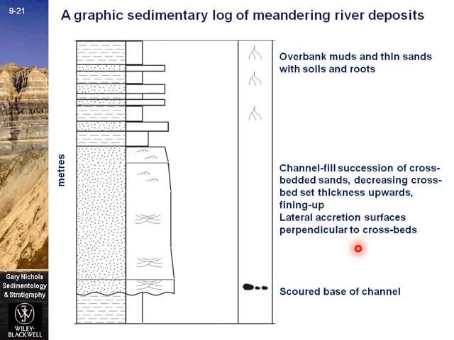And you also see lateral accretion surfaces with crossbeds. On top are overbank muds, and these sands have soil and roots. These are the typical floodplain deposits.